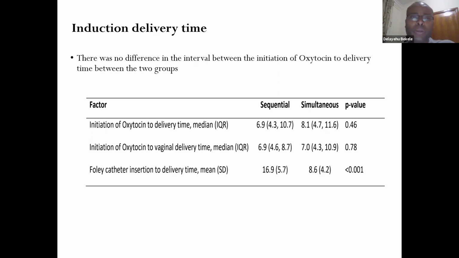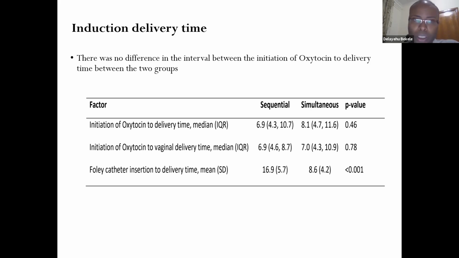Specifically for those who delivered vaginally, it was 6.9 in the sequential group and 7.0 in the simultaneous group. So this is different from the findings in the Western countries, which have shown that the induction to delivery time was shorter in the simultaneous group as compared to the sequential one.